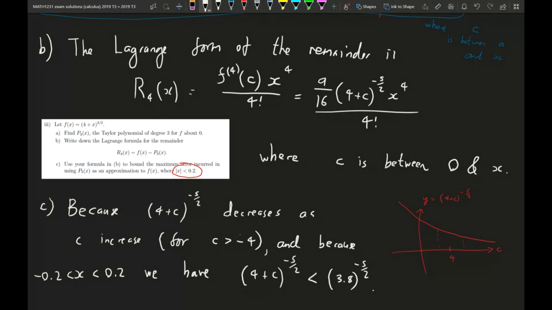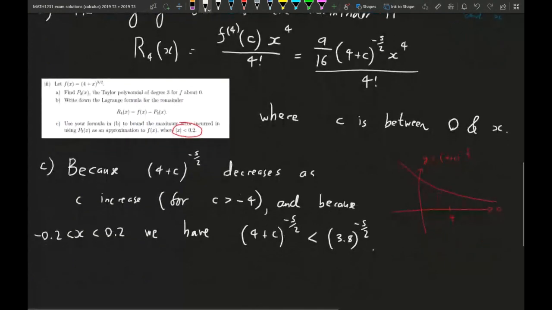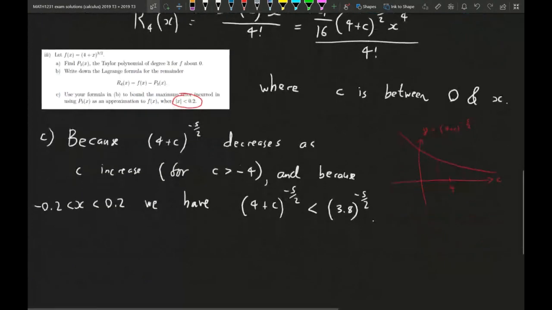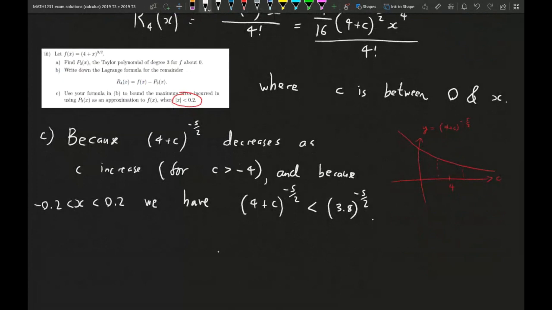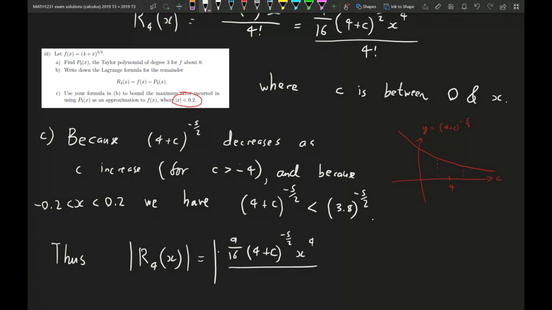Right, and yep, everything else I understand. So I can just put that all together. So thus, well, the magnitude of this remainder is literally just equal to this expression here, and I'm just going to say everything here can be bounded.